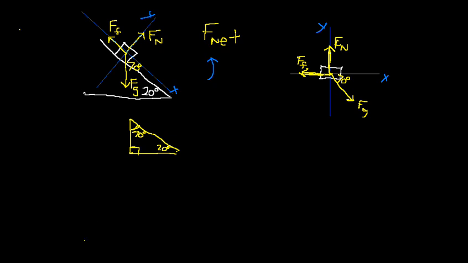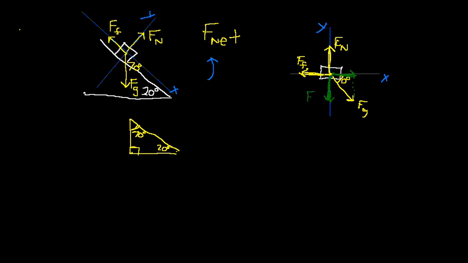Now we're almost done. Last thing we want to do is draw in, now we've got to take this force of gravity and separate it into its x and y components. So this is going to be the x component for gravity. This vector right here is going to be the y component.